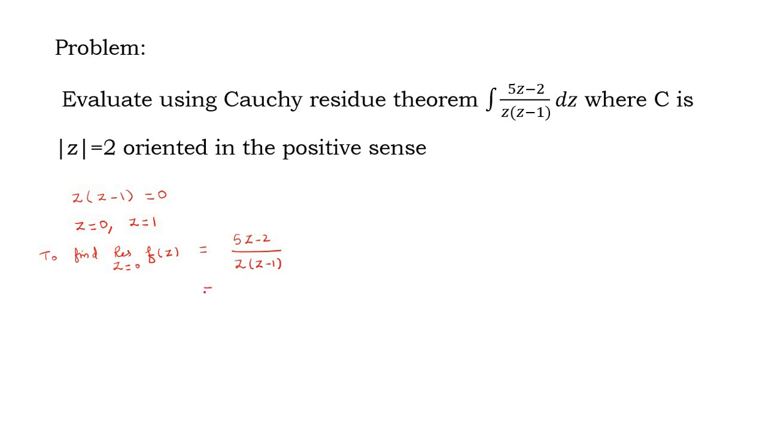Now z equal to 0 came from 1 by z. So we keep (5z minus 2) divided by z as it is, and we modify 1 by (z minus 1) as an expression.